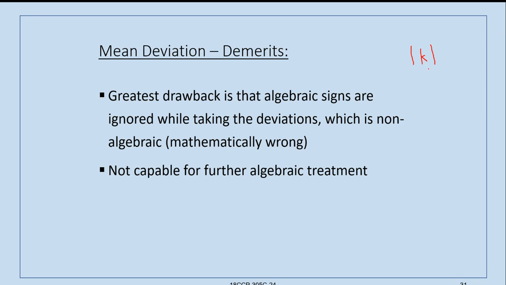So the modulus is expressed as 2 bars in between the constant or number. For example, suppose you have 2 like this, or even if you have minus 2 like this, minus is ignored, then this modulus symbol gives you the value of 2.